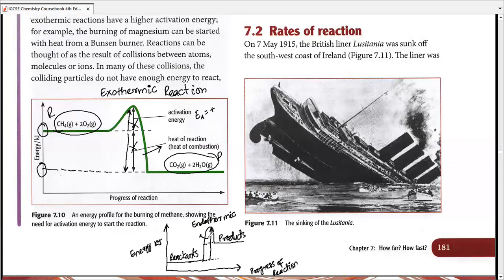To be honest, this part is activation energy and this part is delta H, but this whole is taken as activation energy.